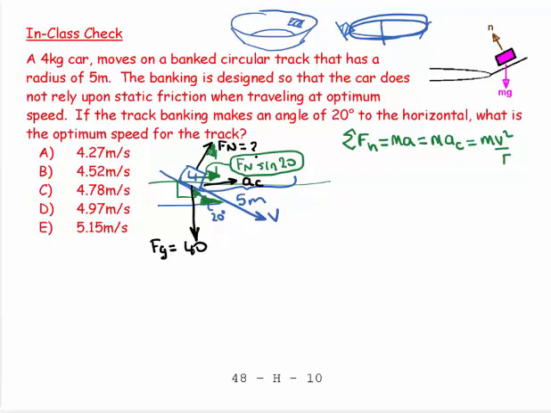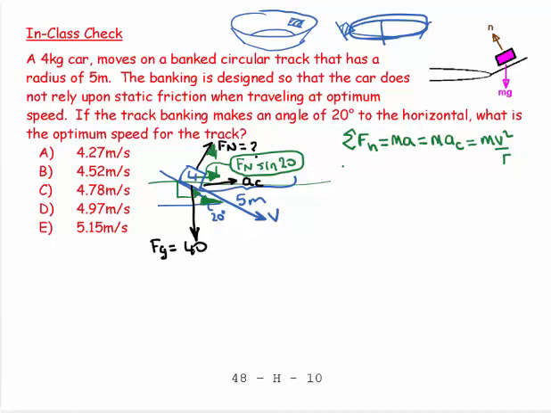Look at the triangle we're interested in as far as the components. There's a small angle and a big angle. The small angle must be 20 degrees. So I know that this horizontal component is Fn sine 20 degrees.